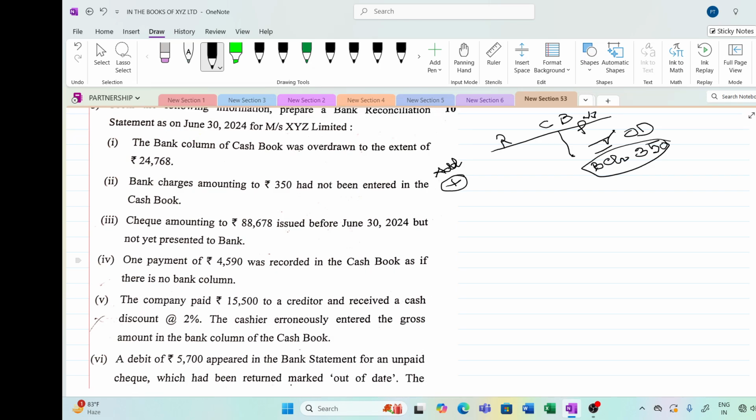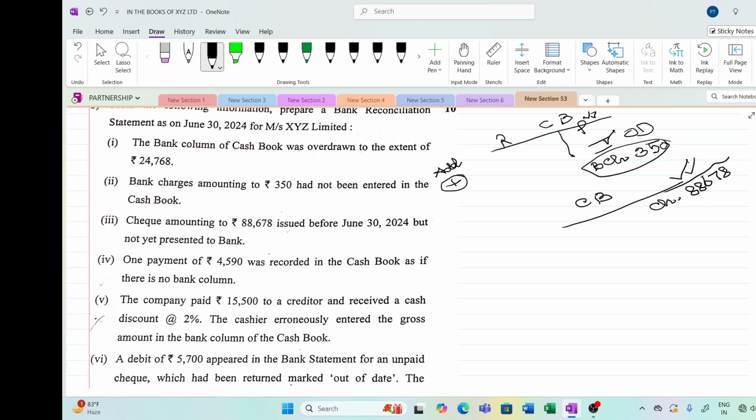Cheques amounting to 88,678 issued before June but not yet presented for payment. See here, the moment I have issued the cheque, in my cash book I have written it on the side of cheque issued because it is a payment for 88,678. Already I have explained in my earlier videos, if you write anything on this side, the overdraft will increase.